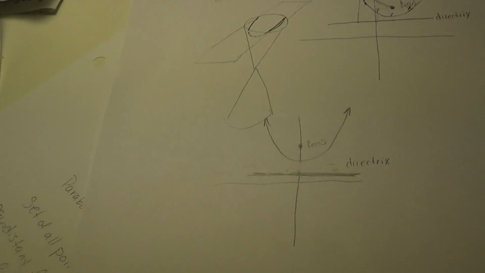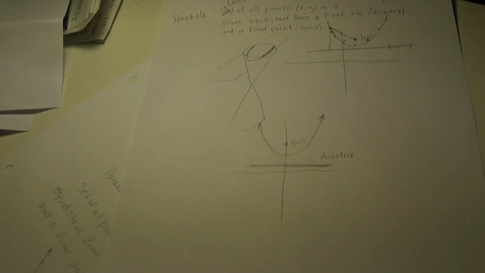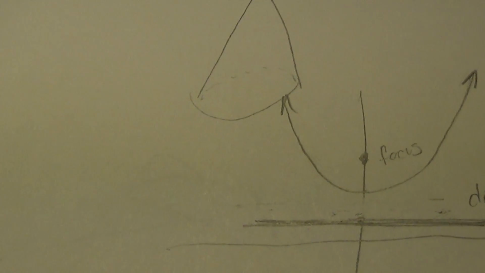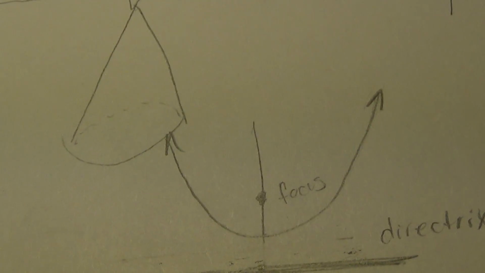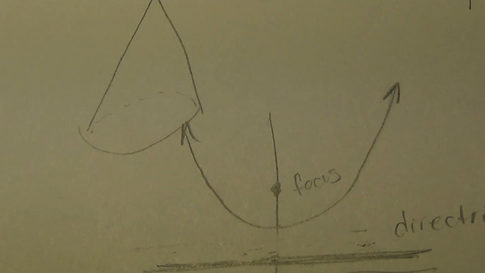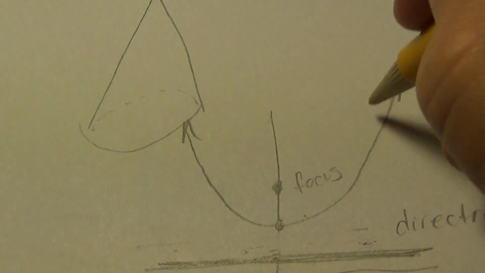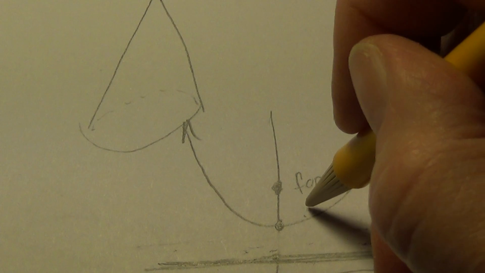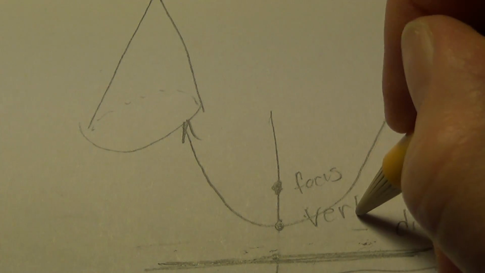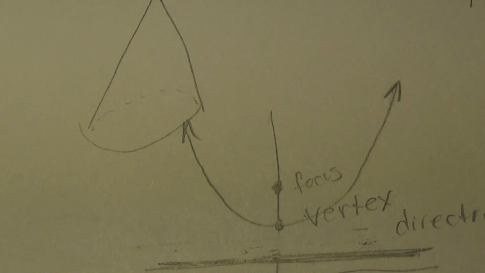Let's go ahead and look at the terms that I want to show you. Alright, this point here is called the vertex. It's the lowest point in this parabola. If the parabola was inverted, it would be the highest point. If it was opening to the right, it would be the leftmost point.